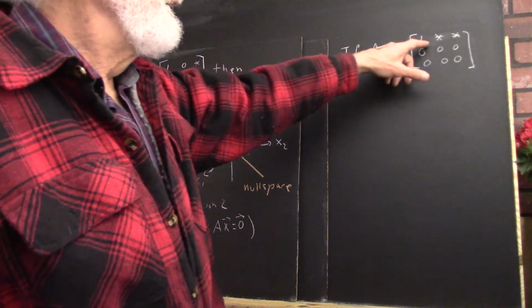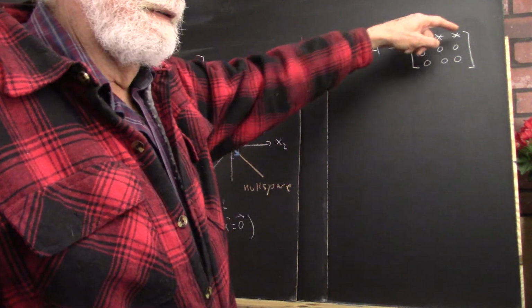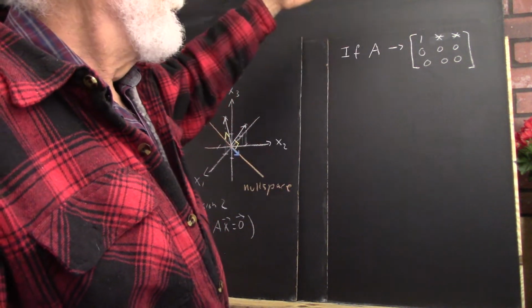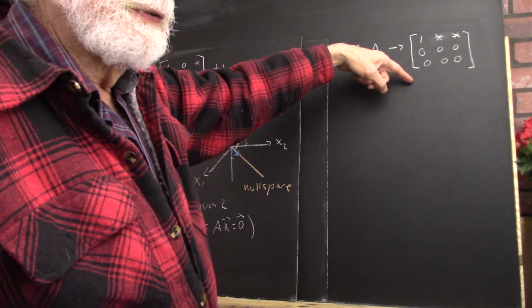Okay, any vector at all, because, and that's going to happen because the second and third rows are multiples of the first row.